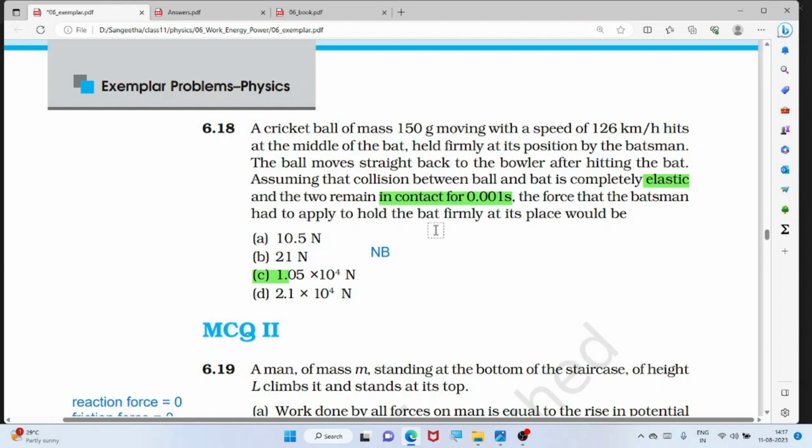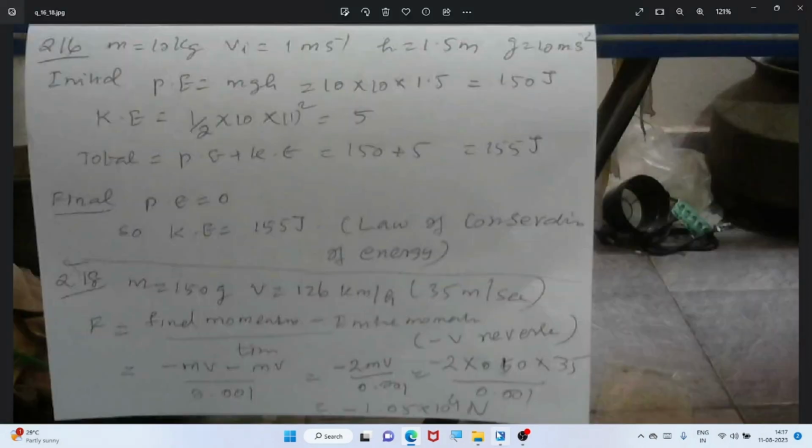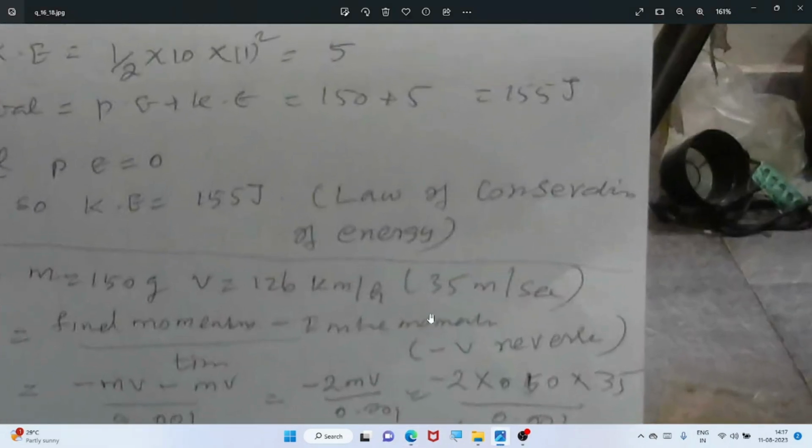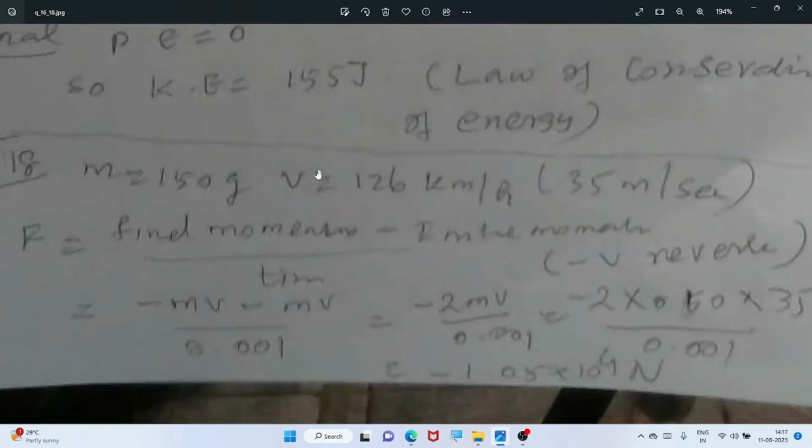The force that the batsman has to apply to hold the ball firmly in place would be, okay, 18. This is the mass and velocity, 35 meters per second.